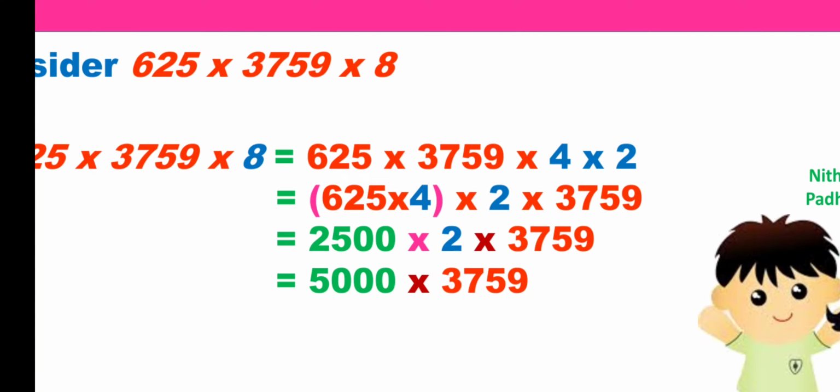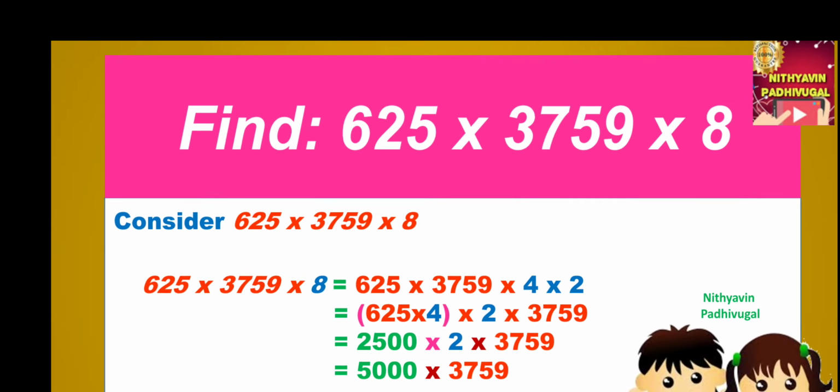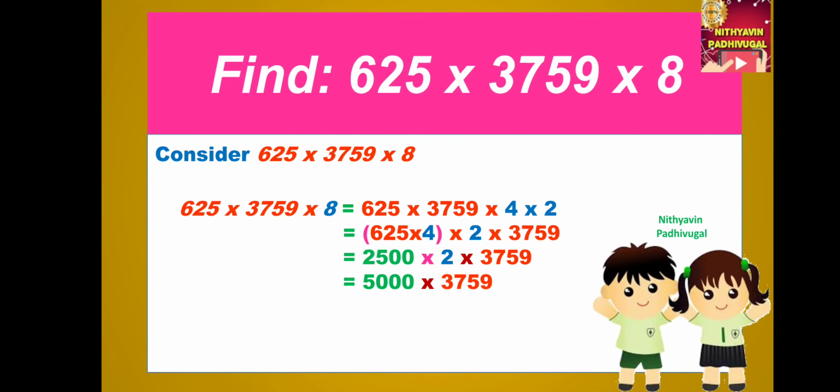We have 3 zeros in the end. So it is easy for us to do this calculation hereafter. See, just put 3 zeros in the end. Now multiply 3759 with 5 only. You get 18795 while multiplying 3759 with 5.